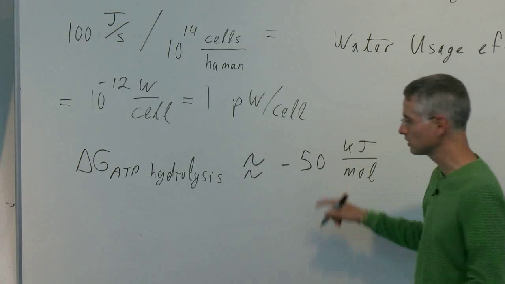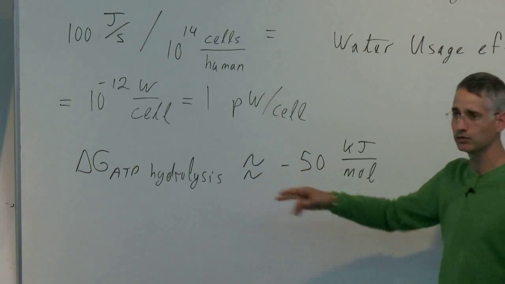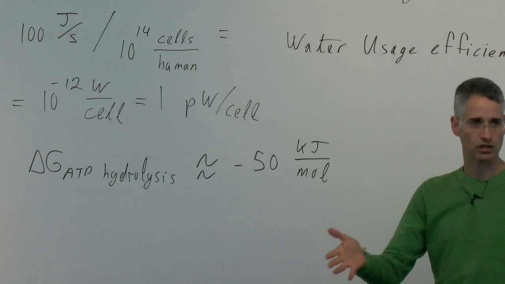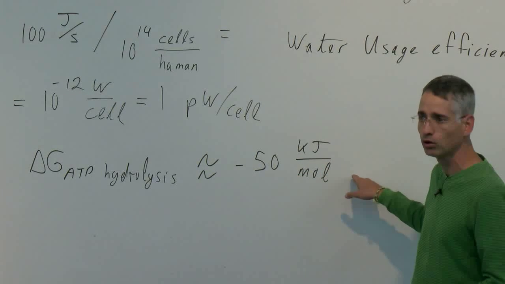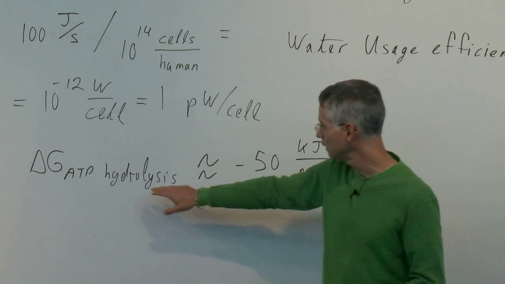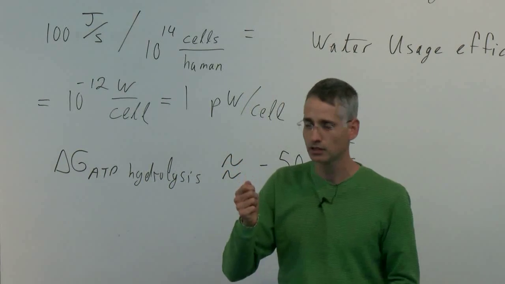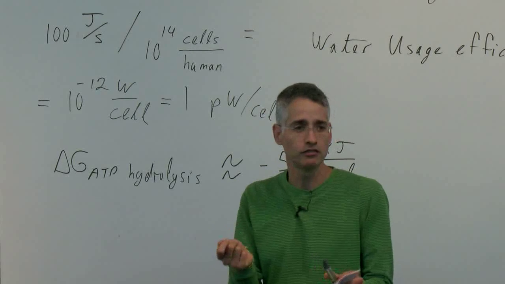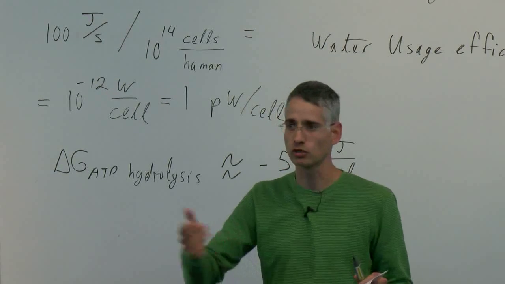What does that mean? That means that under the concentration that you usually get ATP inside the cell, if you hydrolyze it, which is what the cell uses as its energy currency, you get about 50 kilojoule per mole of such molecules of ATP. I would mention that this is a very tricky issue, in the sense that the amount of energy in an ATP is actually ill-defined if you just ask it like that, because it really depends on the concentration of the products.